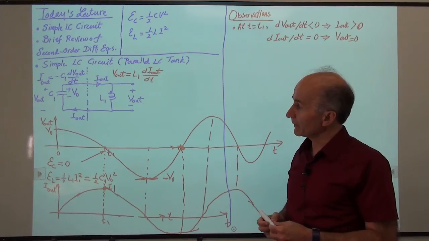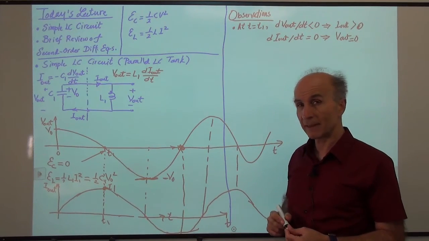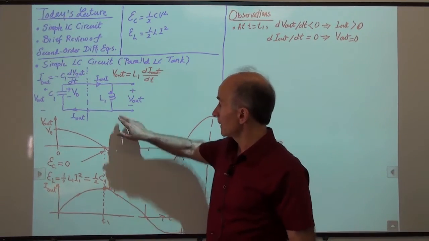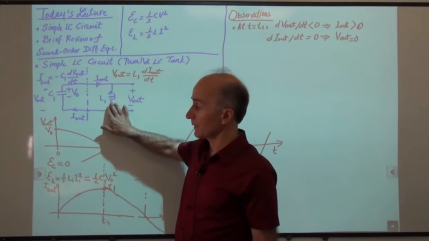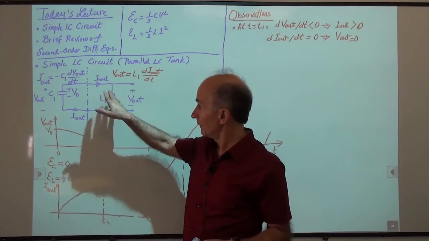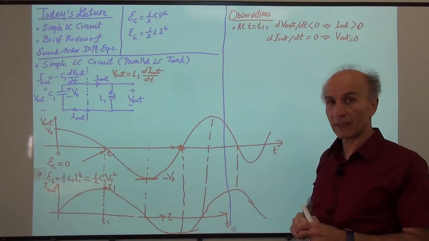All right, so that's the basic concept behind the simple parallel LC tank in the ideal case. In practice, there would be some resistance inside this inductor, right? However you build the inductor, there's some finite resistance, and this may not be the exact picture, but for now, that's good enough for us.